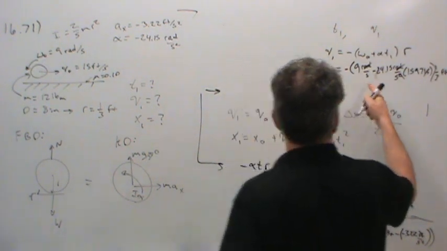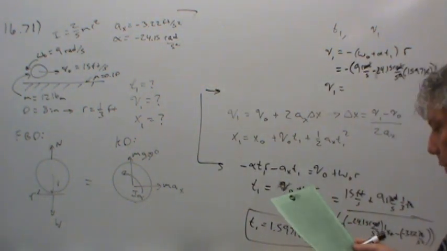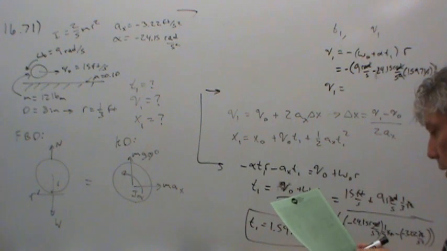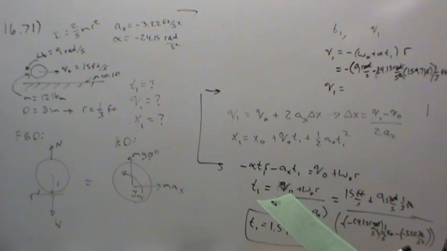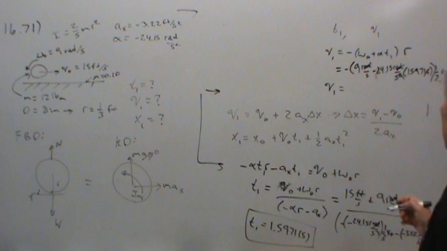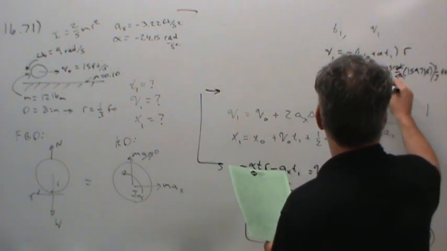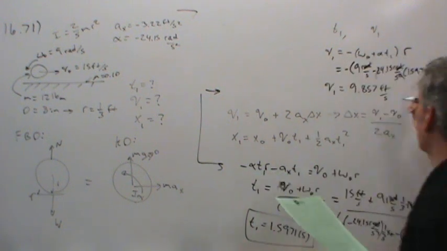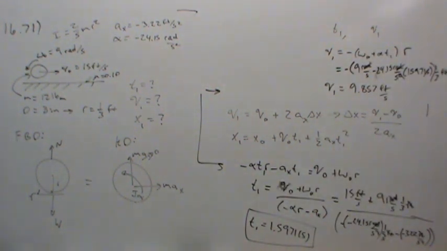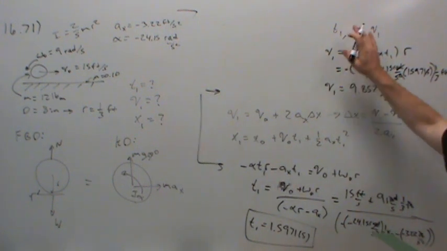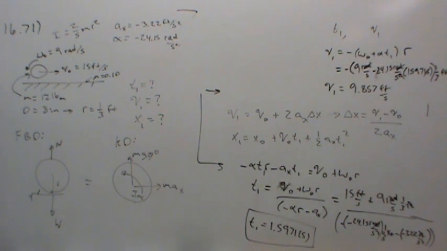So V1 with these numbers, make sure that I'm being consistent here. Yeah, I got 9.857 feet per second. Somebody double check me on that, make sure I haven't made a mistake. That should be fine. I actually calculated omega 1 that way, but it doesn't matter.